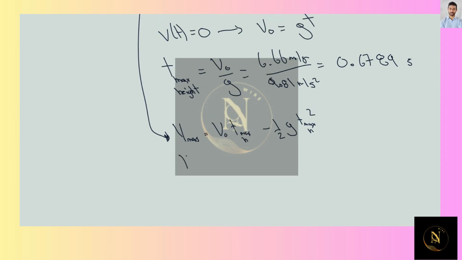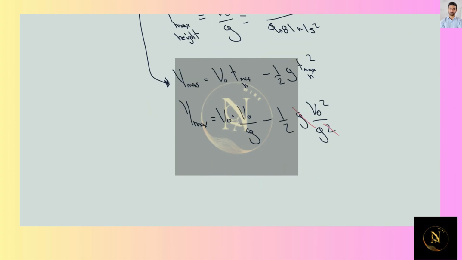You can also look at this as maximum y is going to be equal to v0 times v0 over g minus 1/2 of gravity v0 squared over g squared. g cancels with one of the g's, and what we're going to get is y max is equal to v0 squared multiplied by 1 over g minus 1/2 of g.